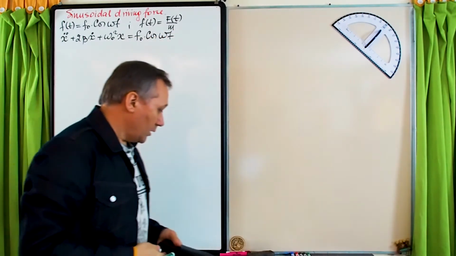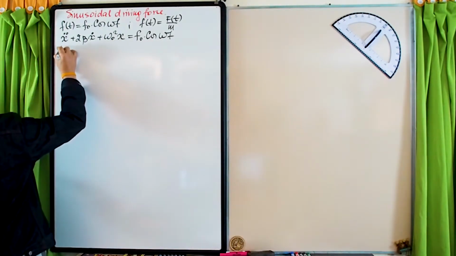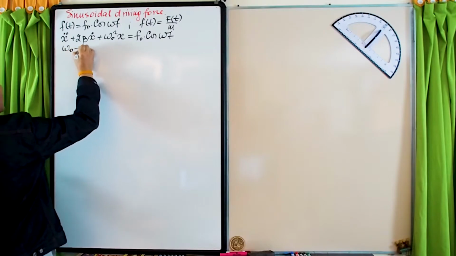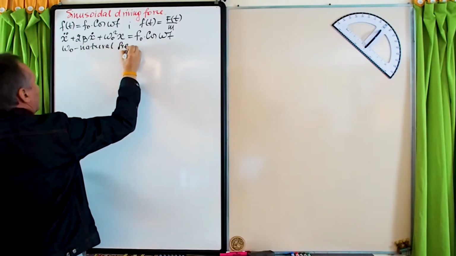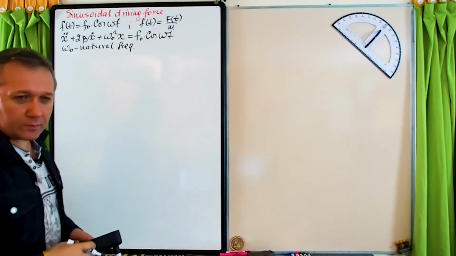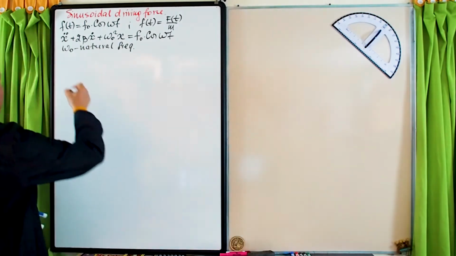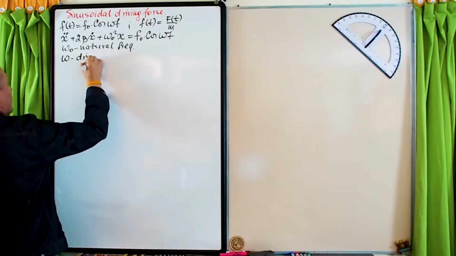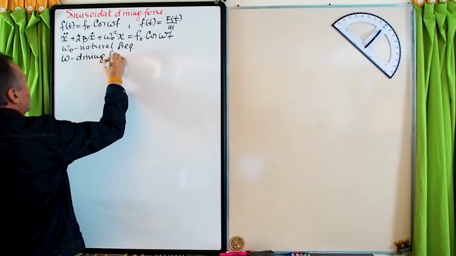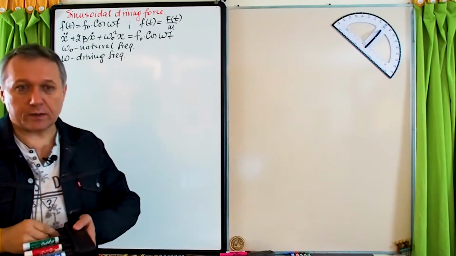And omega naught is the natural frequency, the frequency of the system which is not exposed to a damping force. And omega is the driving frequency.